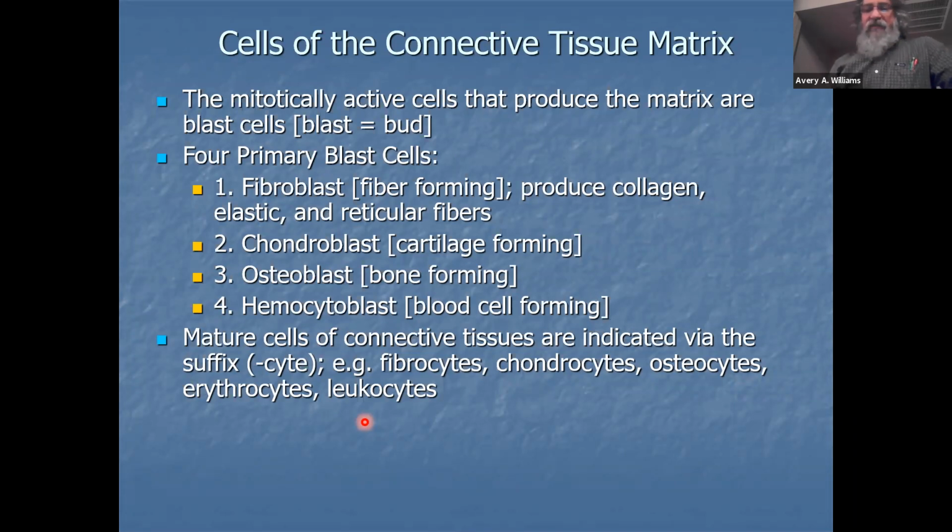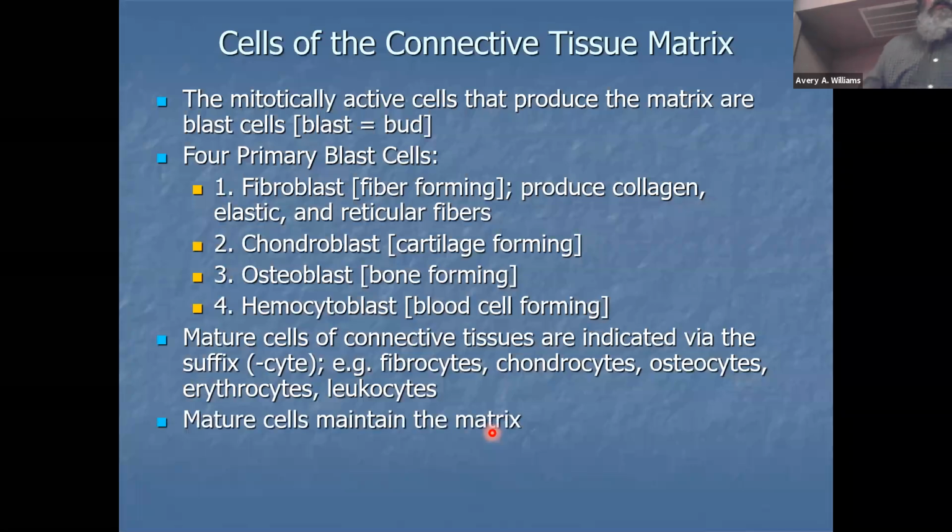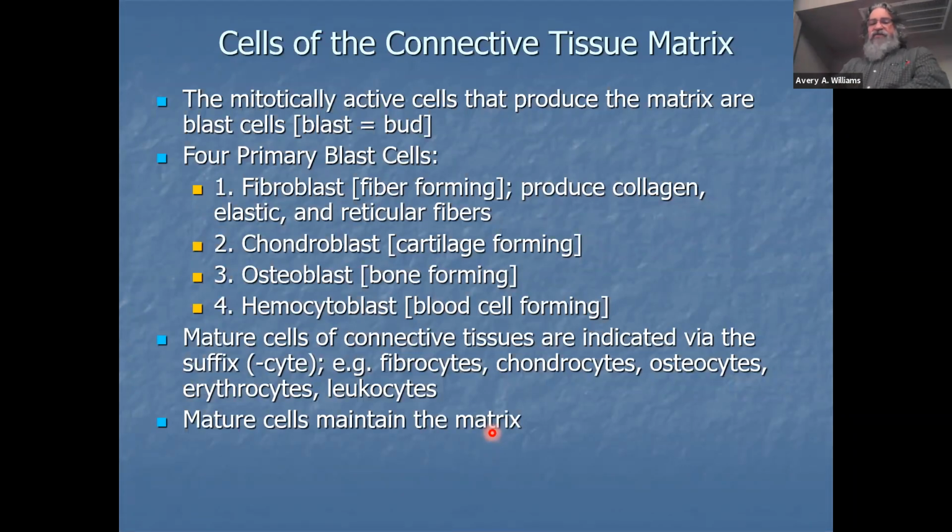And we'll talk about that when we talk about blood, because blood is a connective tissue, vascular connective tissue. It has a matrix, it has proteins, and it has cells. And then we're going to look at all the above. Okay. So there we go. I can see the blast cells, they form all this stuff, but once you're mature cells, what do the mature cells do?